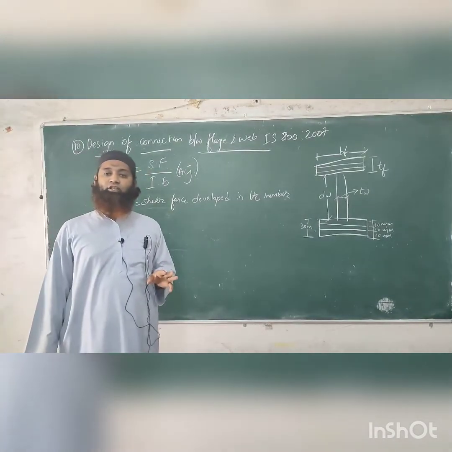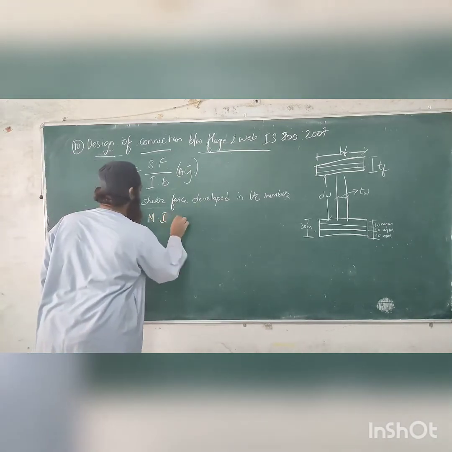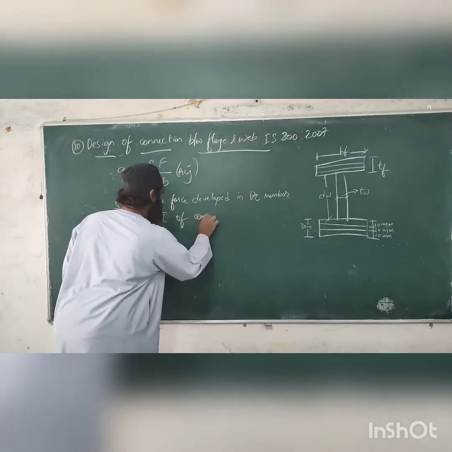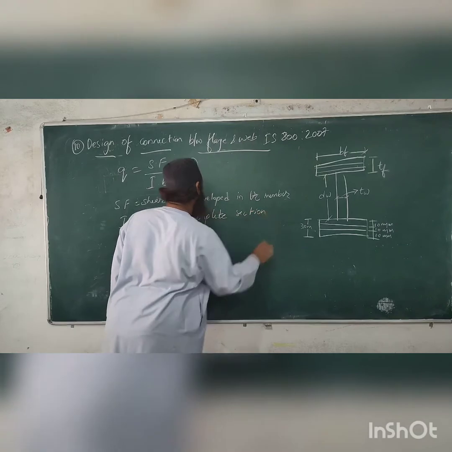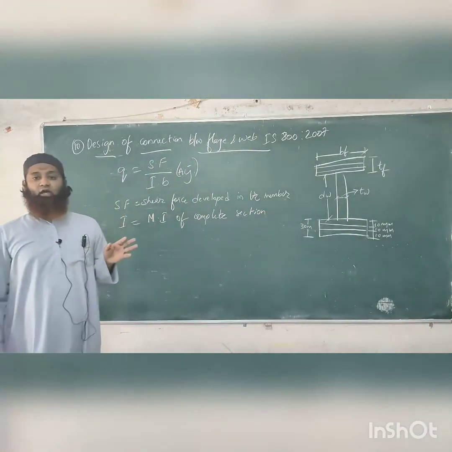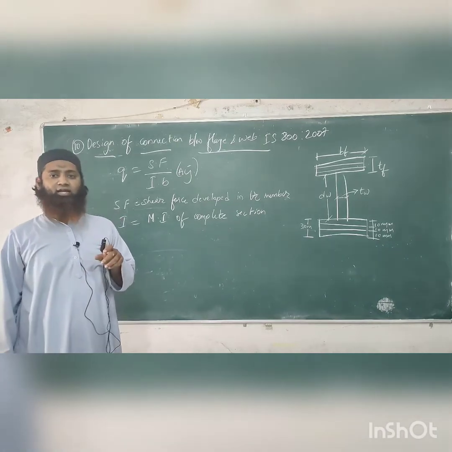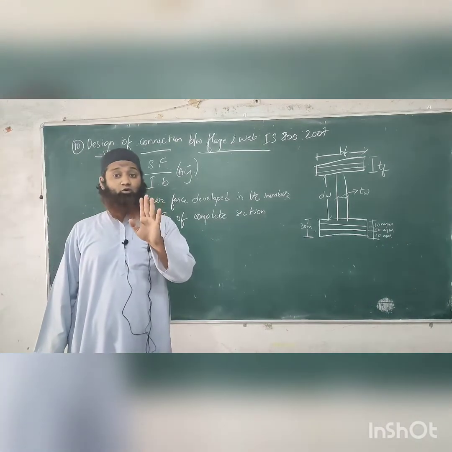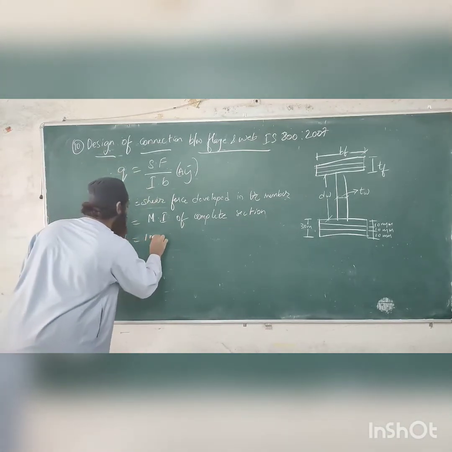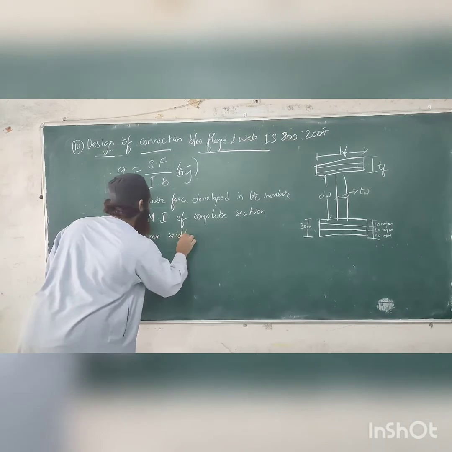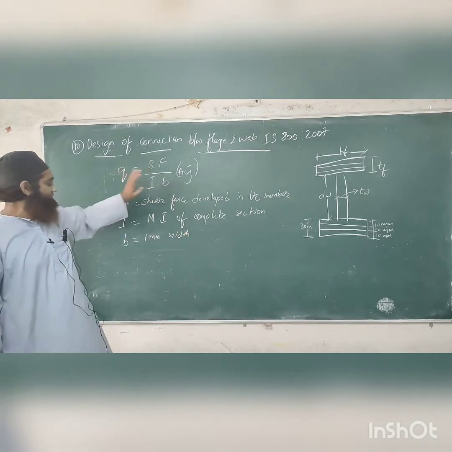I is the moment of inertia of the complete section. Now what is B? Width of the section. In the design, we will be taking it as 1 mm width only. So shear force, I the moment of inertia, and B is the 1 mm width.